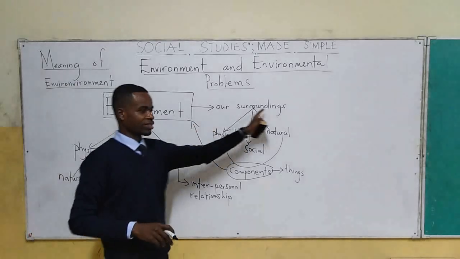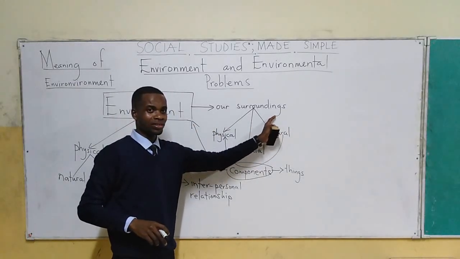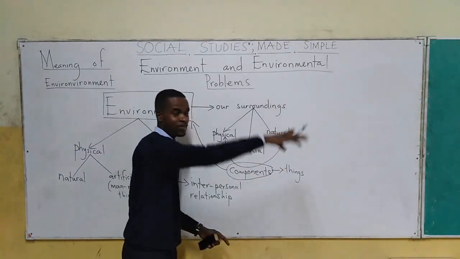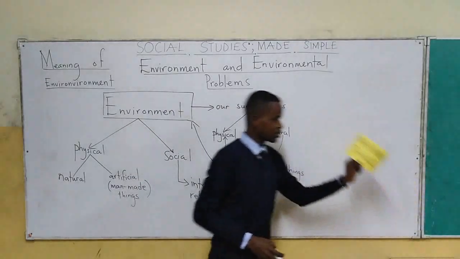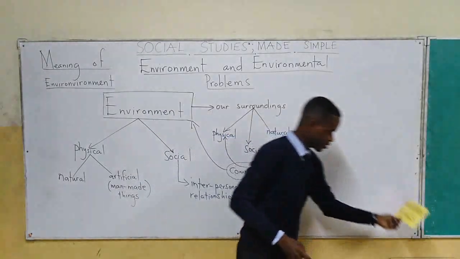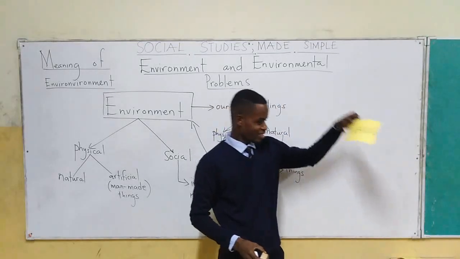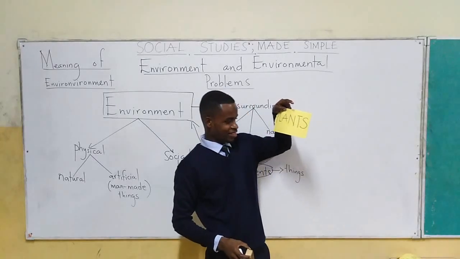Environment, we say it's our natural surrounding. Our natural surrounding, we can talk about the components, the things that we find around us. I have here man-made things. We have humans. We have plants.